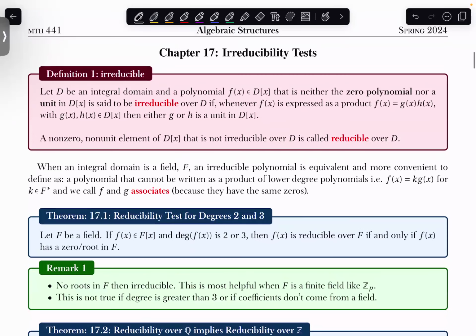And then also recognizing that if you have a polynomial where you can write it as k times something else, where k is an element inside your field, so it's a unit here, really, we can think that a lot of the information that I know about f, I know about g, the other one. So this is when we call them associates. We had talked about this briefly, but things like the zeros of one are going to be the zeros of the other. If one is reducible, then the other is reducible. If one is irreducible, then the other is irreducible. So just keep that in mind.